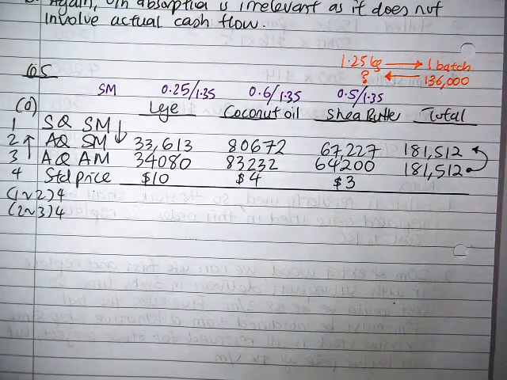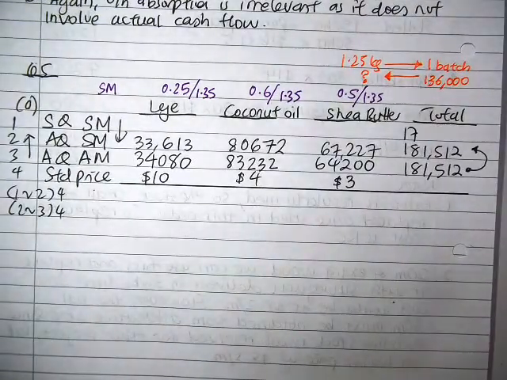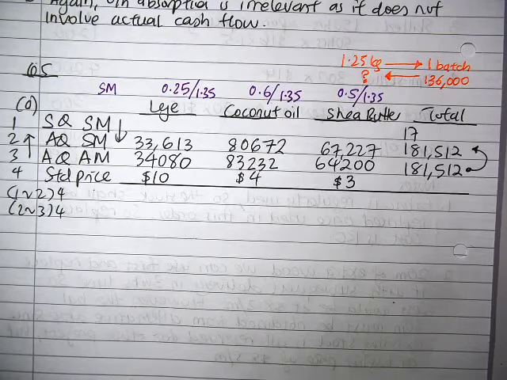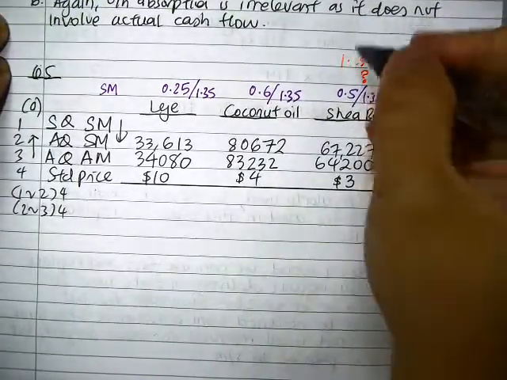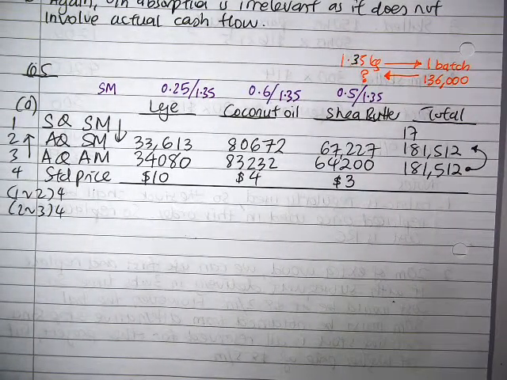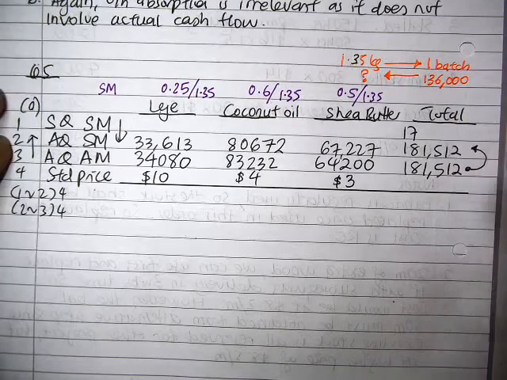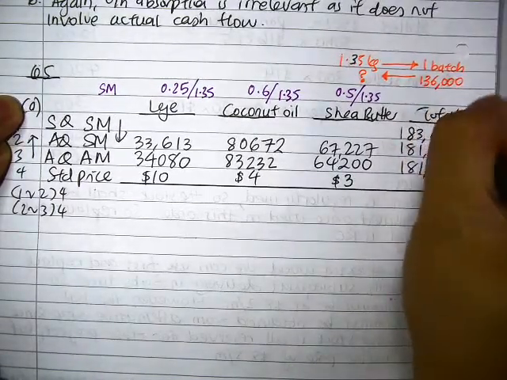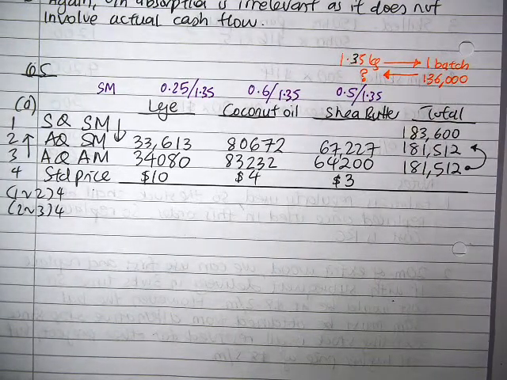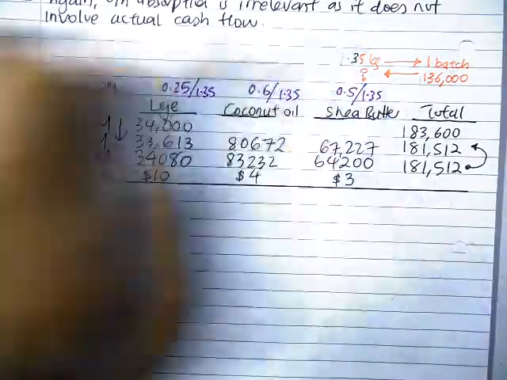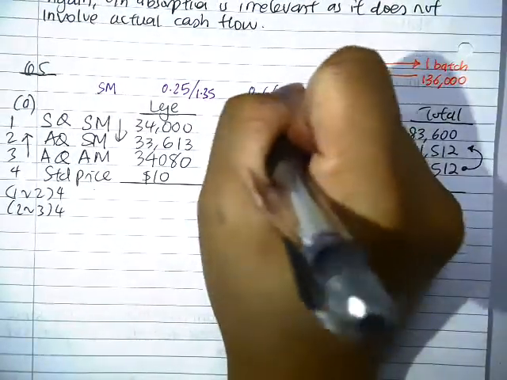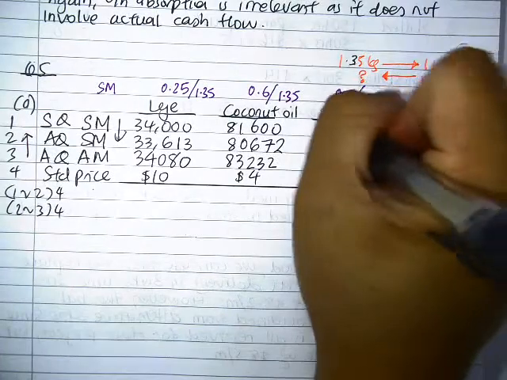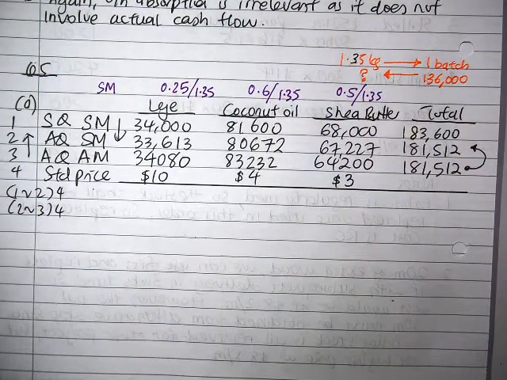Just take 136 times 1.25, which is 170. Sorry, 183,600. Then divide back with the quantity: 34,000, 81,006 and 68. Simple.